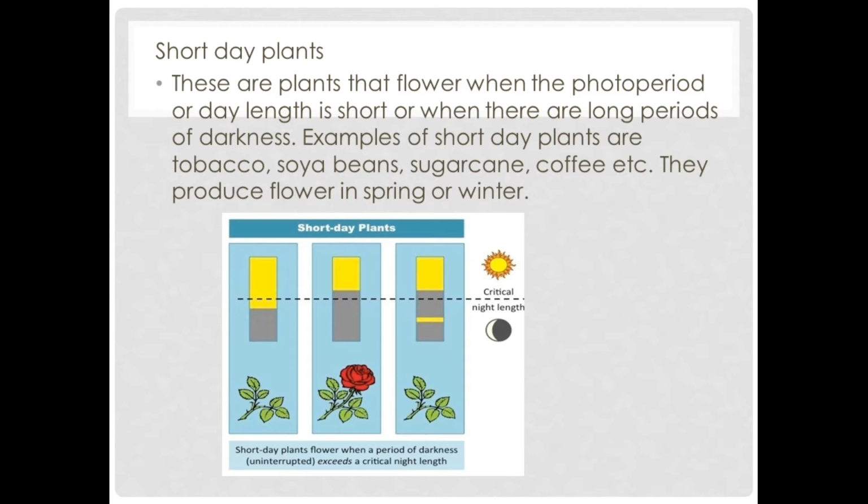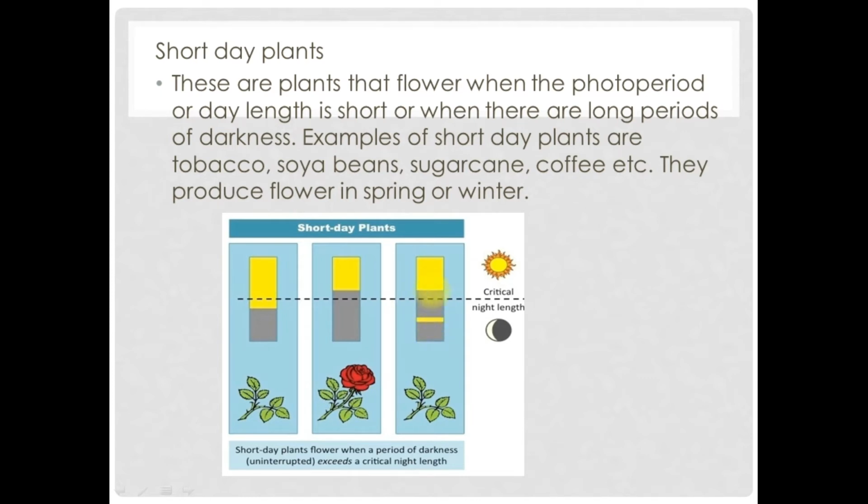Right, if we take a look at this diagram here, when we have long periods of light, you'll see that this plant here is not flowering. But as the periods of light are shortened, this plant here starts to flower.